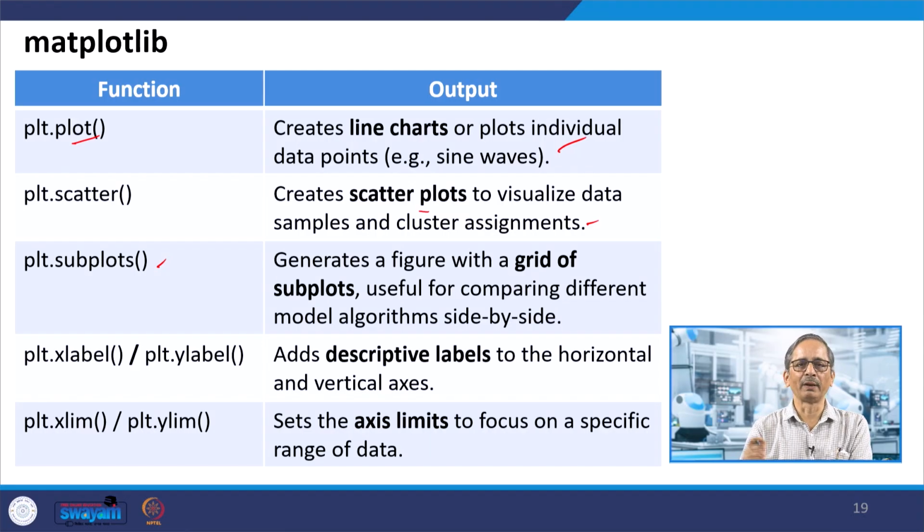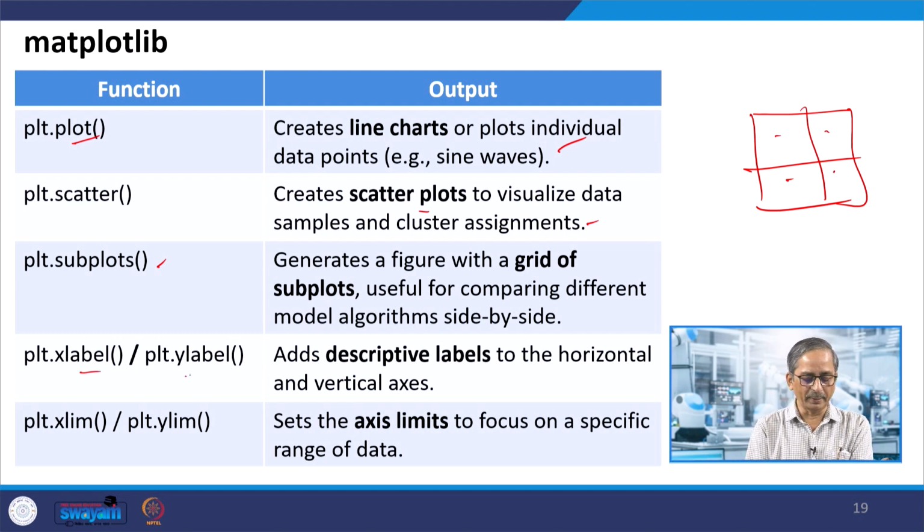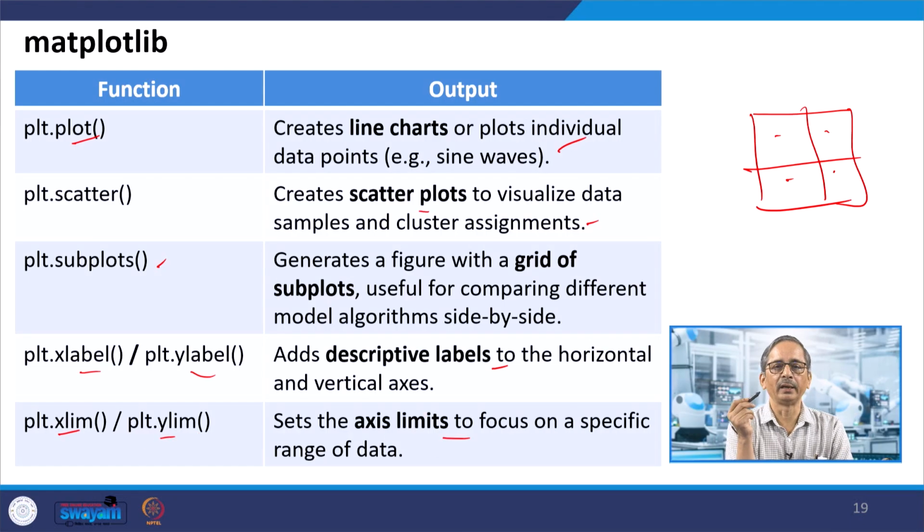So it will be basically creating something like this. In one plot you can have the 4 subplots, and then you can label the x and y axes, basically add descriptive labels to the horizontal and vertical axes, and here set the axis limits, basically dot x limit and dot y limit, to focus on a specific range of data.